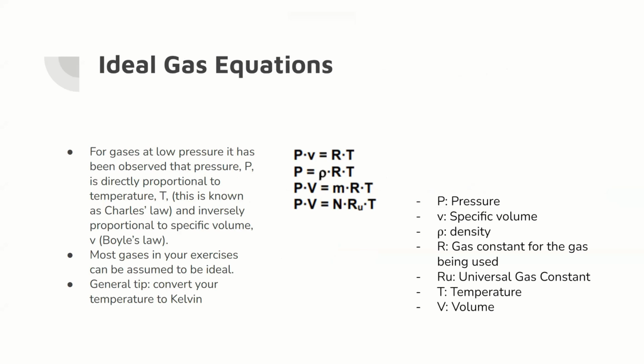Maybe just one version or the different versions. You can either learn all 4 of the equations, all 4 variations, or just one and know how to go from one to the other. So for example, specific volume, remember that it's the inverse of density. So just reverse the specific volume, and you can put density over here and have this equation.